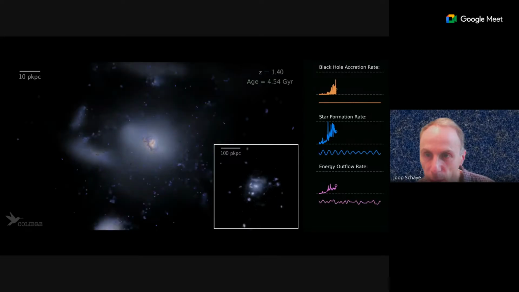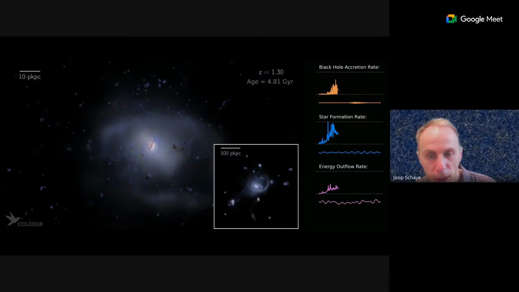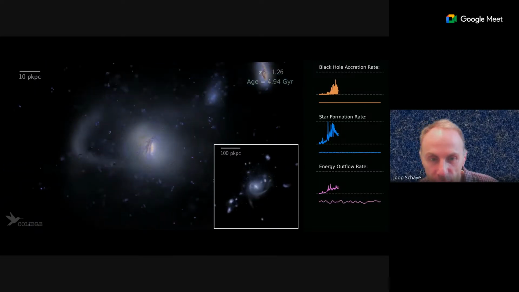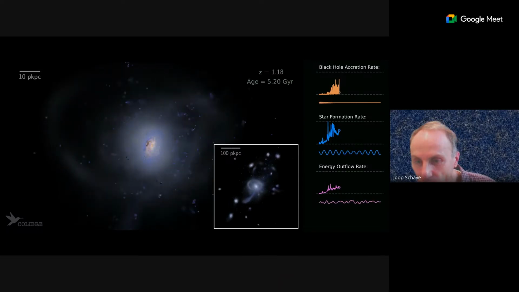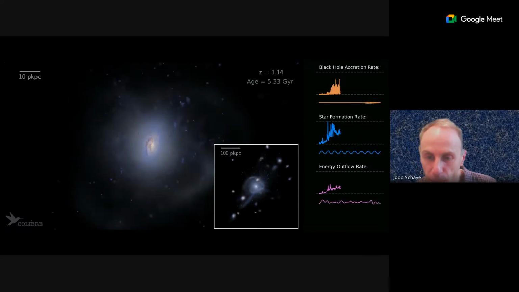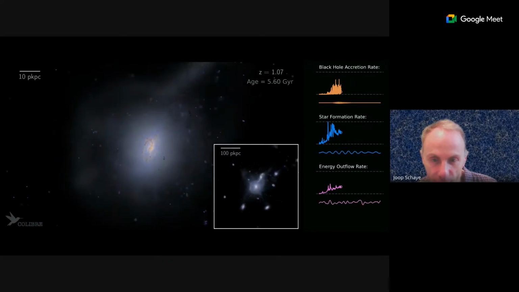The universe now is about 5 billion years old. If you look at the inset, which shows the larger scale, you see these big tidal arms. These are galaxies that are pulled apart by the tidal force, the gravity of the central galaxy.